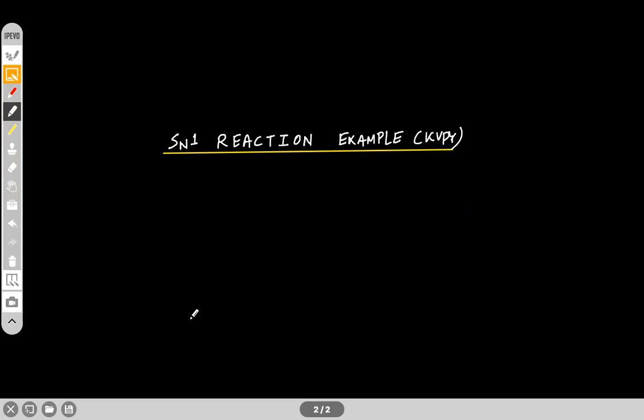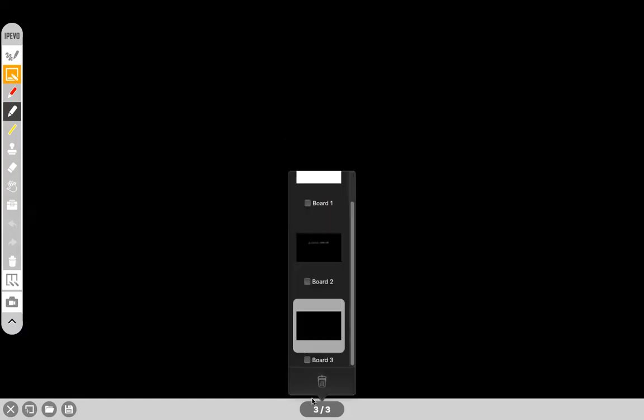So in this section we'll mainly cover those reactions which are based upon SN1 reaction, and a few more things we'll discuss. Correct? So let's start with the session.